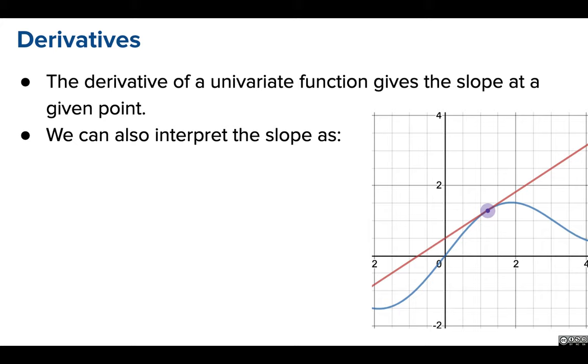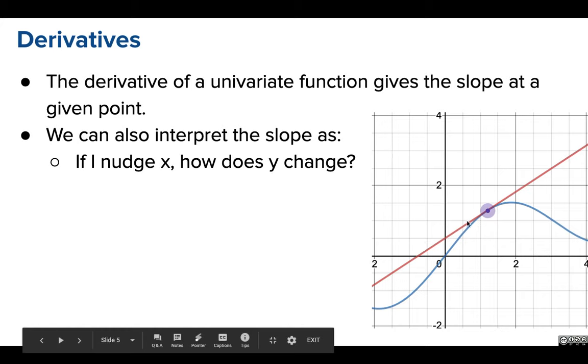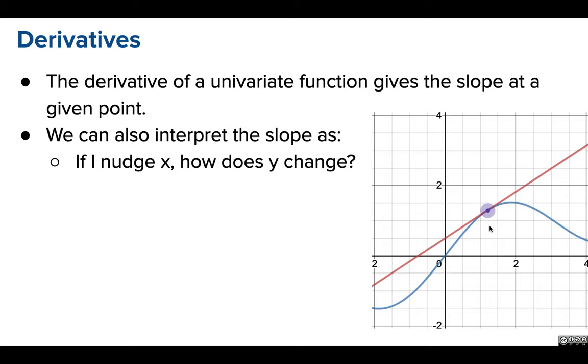In this class, oftentimes the interpretation we'll use for the derivative is, instead of saying that it's the slope at a particular point, we'll interpret it as: if I nudge the x value, how does the y value change? In this particular case, if I nudge x to the left, I can guess that my function will decrease. And if I nudge x to the right, I can guess that my function will increase because this derivative has a positive slope. That's the intuitive idea behind a derivative, and it's the perspective that we'll be making the most use of today.